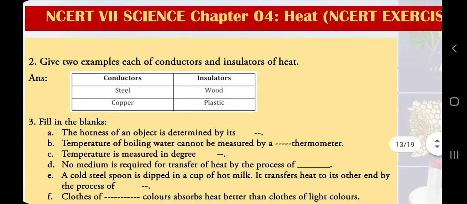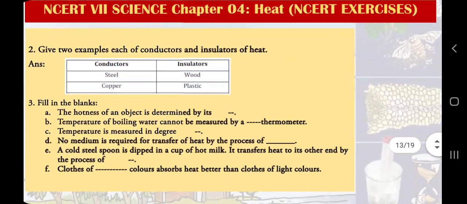So this is the brief idea about heat and temperature, the measurements and the thermometers, and finally the modes of transfer of heat, conduction, convection and radiation, then some activities, and then a few ideas about land breeze and sea breeze. Now we can discuss the NCERT exercises.